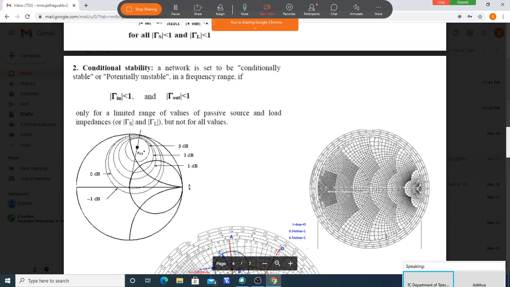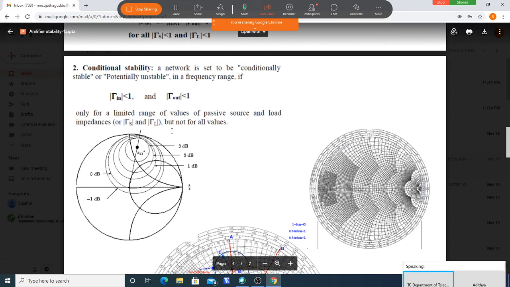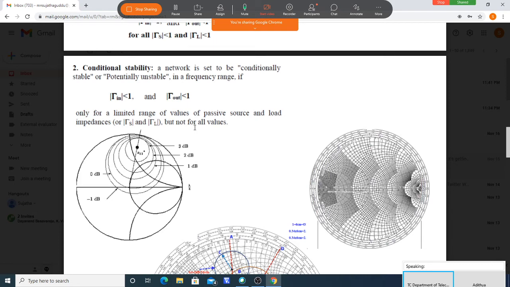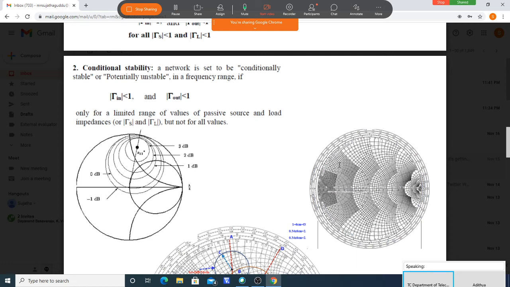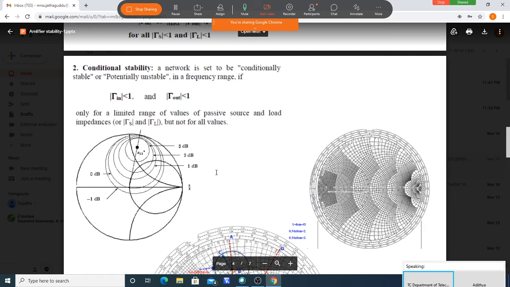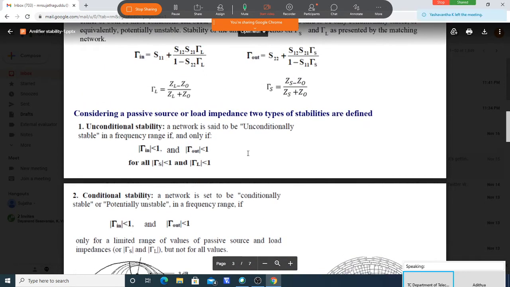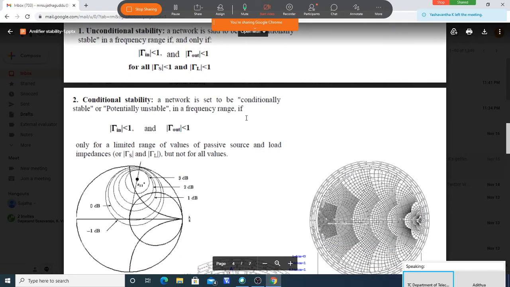That is called conditional stability. For some transistors it will happen. We cannot take just any value over this. You should take a value wherever stability is there. So that is called conditional stability, as opposed to unconditional stability.